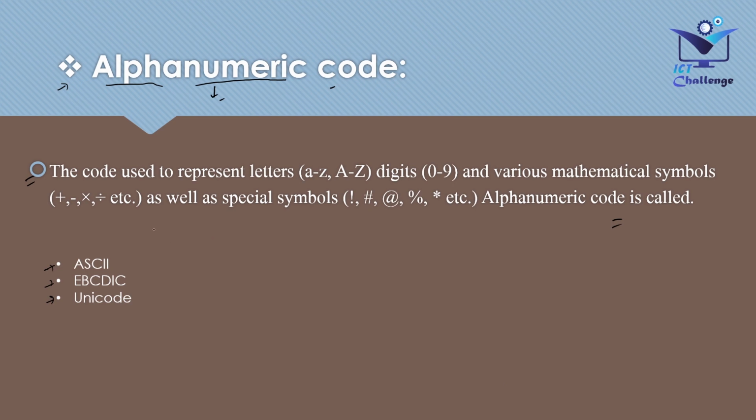So at first ASCII was 7-bit. At the beginning of the ASCII system, it was 7-bit, but after that they added 1 extra bit, and it was converted to 8-bit. Now we are using ASCII 8, and ASCII 7 was used in the previous time.